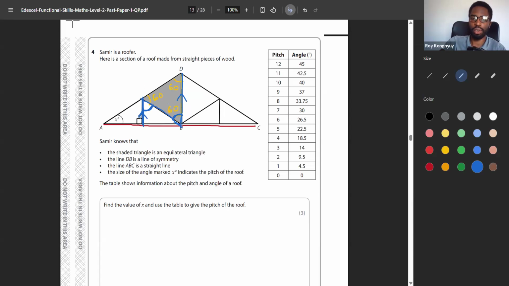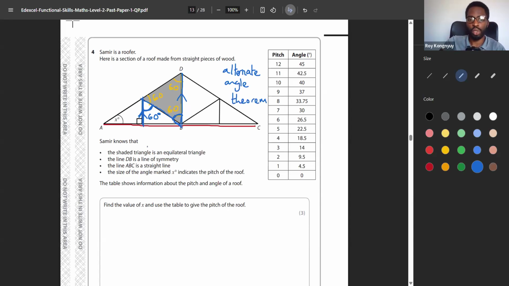These alternate angles are equal to each other. That is, the angle formed between the diagonal and one parallel line is equal to the angle formed by the diagonal and the other parallel line. So this is 60 as well. This is known as the alternate angle theorem.